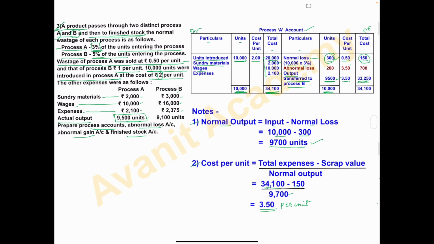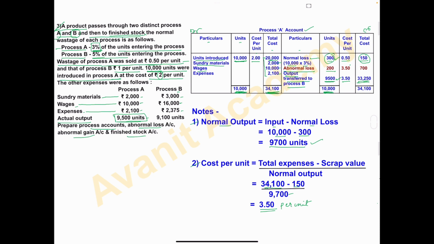On credit side, you will get the difference of 200 units. And this 200 units is called abnormal loss. So write the difference quantity 200 units, and this 200 unit is treated as abnormal loss. So in this process A we have got abnormal loss and the loss is 200 units.